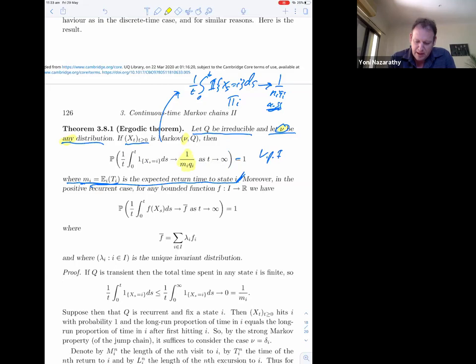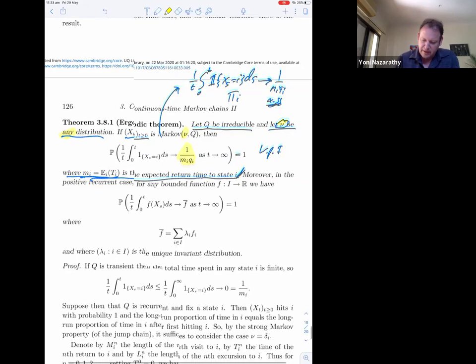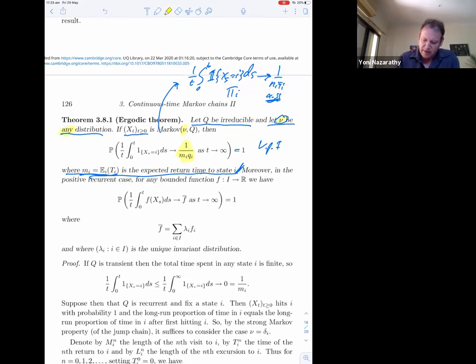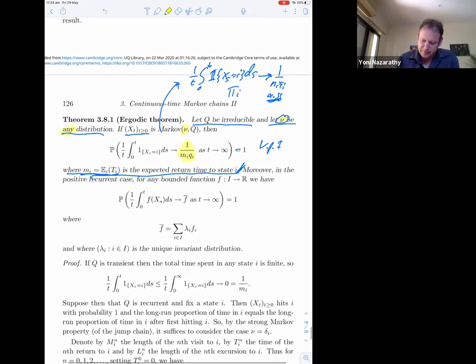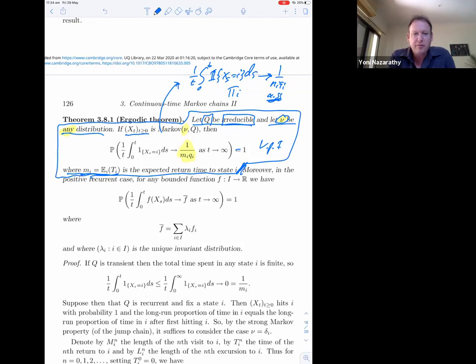Moreover, in the positive recurrent case, for any bounded function f. Before, we didn't expect this to be positive recurrent. It would have been positive recurrent if it's a finite state space. Sorry, still staying in this first part: in a finite state space, irreducible means positive recurrent.